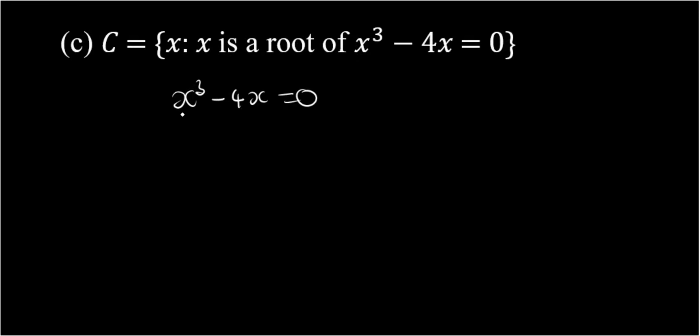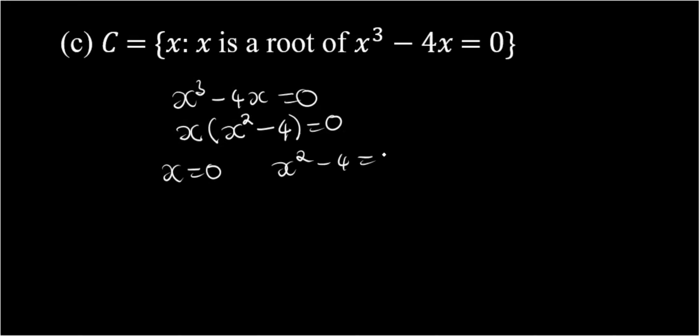Let's look at what is common here. We have x cubed minus 4x. The one which is common is x. When we factor out x, we remain with x squared minus 4 equal to 0, such that x is equal to 0, then x squared minus 4 equal to 0.